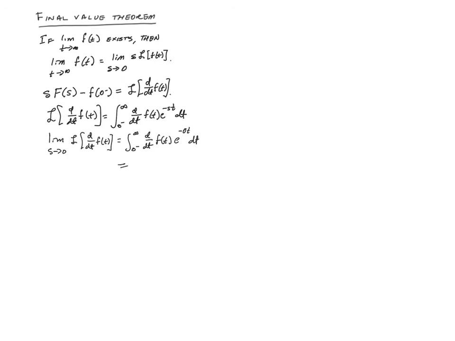So e to the minus 0 t becomes 1, and we have the integral from 0 minus to infinity of d by dt f of t dt. Okay, so this expression then just becomes f at infinity minus f at 0 minus.